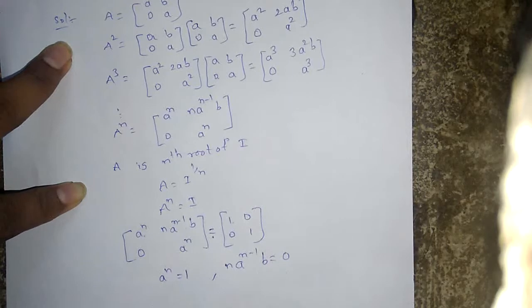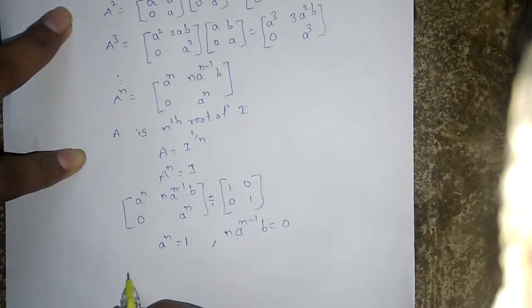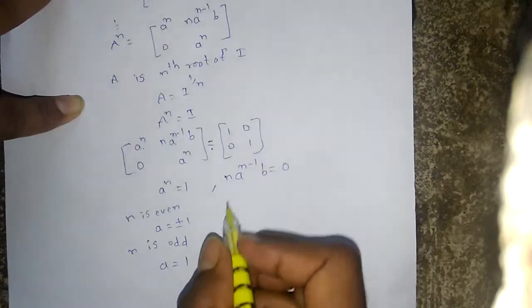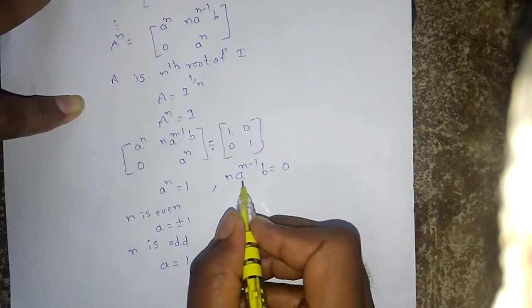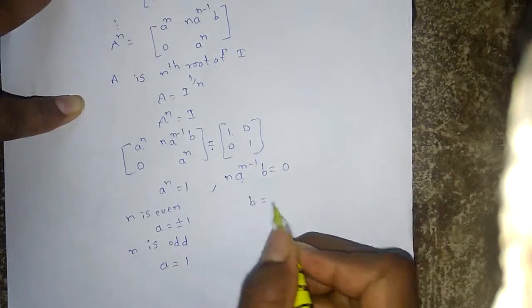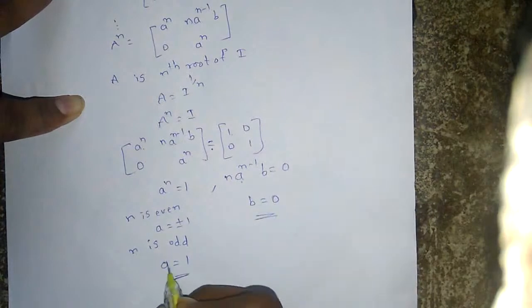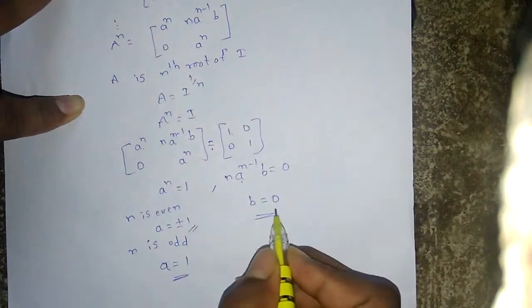So a power n is equal to 1 means, depending on n, if n is even, a can be plus or minus 1. If n is odd, a must be plus 1. Okay, here if a is 1, then b is obviously 0. So the values of a and b are plus or minus 1 and 0.